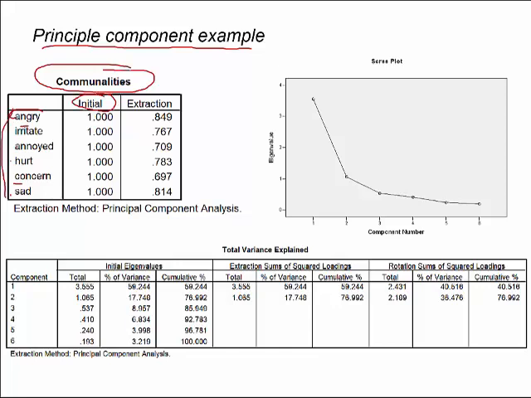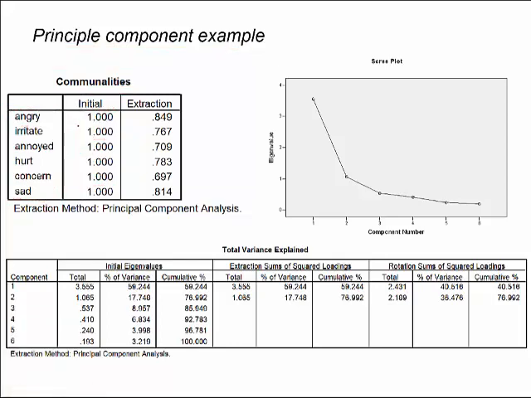So if I have 6 items, we're going to extract 6 components and calculate the communalities. Now, as we recall, if you do that, your communalities will all be 100%. It'll be 1 for every item, and that's what we have here. We just have 1s for every single item, saying we extracted as many components as we have items, and we have a communality of 1 for every item, as we might expect.